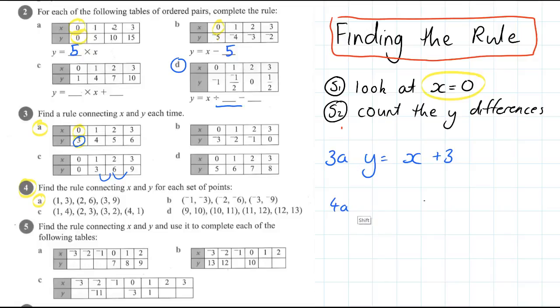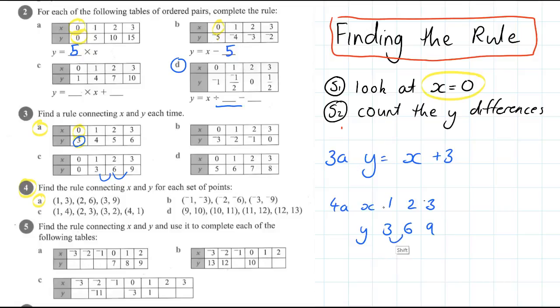I just write it as a table, X and Y. X is your first value. So that goes 1, 3. 1 is X, 3 is Y. 2, 6. 2 is X, 6 is Y. 3, 9. 3 is X, 9 is Y.